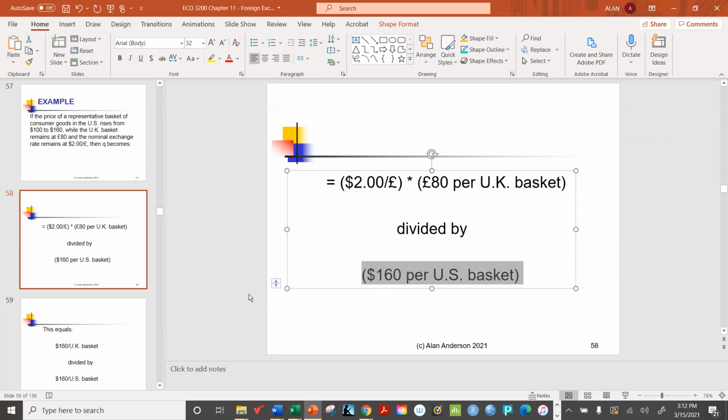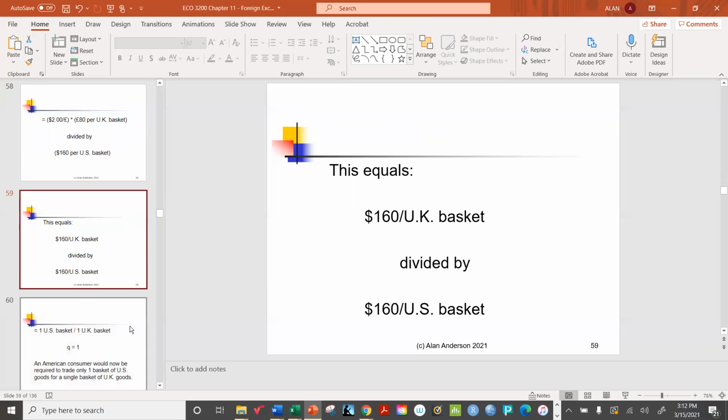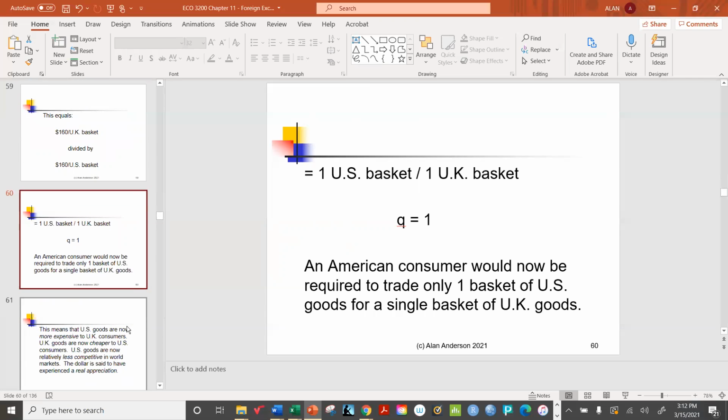The denominator is $160 per US basket. So I think you can figure out in your head what that ratio is going to be. And of course, it is 1. Which means now, as Americans, we're happy in the sense that we only need to trade one of our baskets to buy one of their baskets.